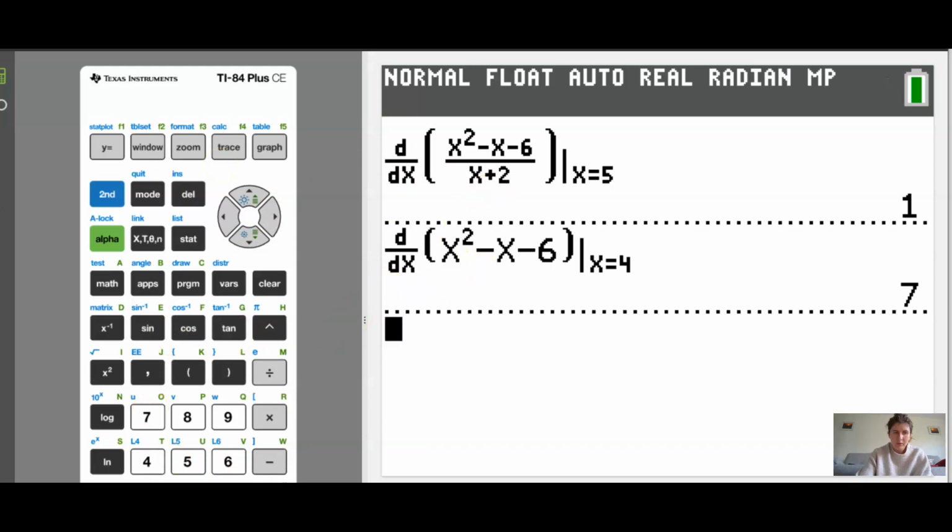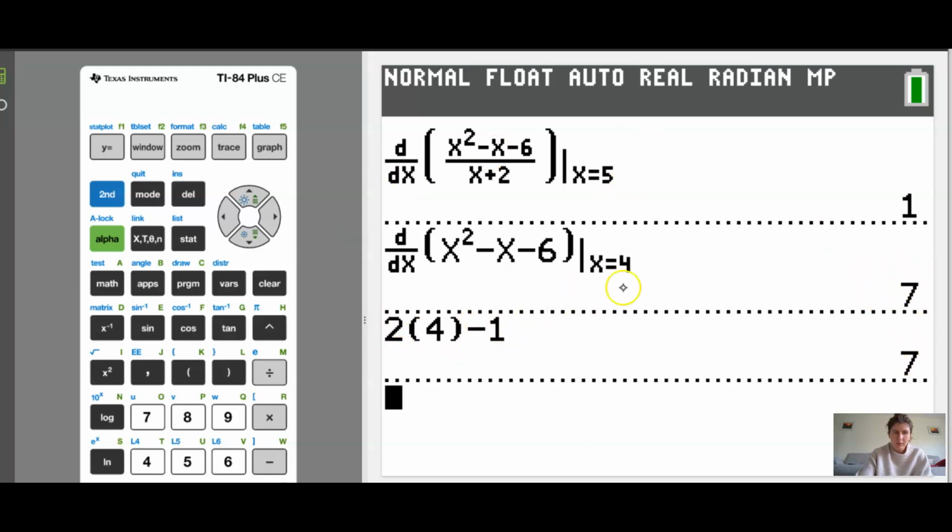We know that our derivative formula that we found was 2x minus 1. So if we now substitute in 2 times 4 minus 1, what we should get is the same value. And if we get the same answer for both our derivative that we found by hand and the calculated derivative at that same point, then we know we should be on the right track.